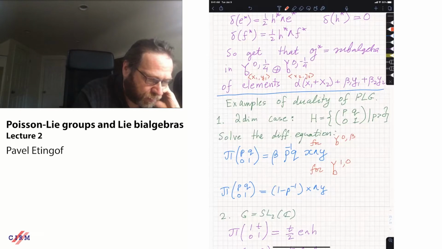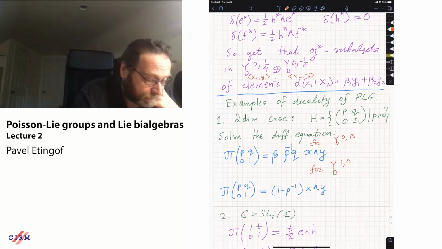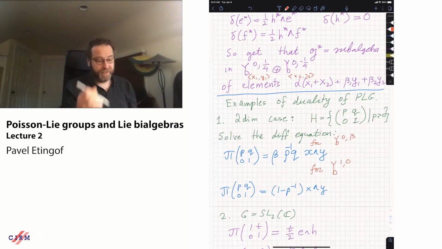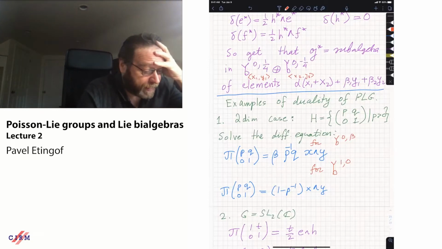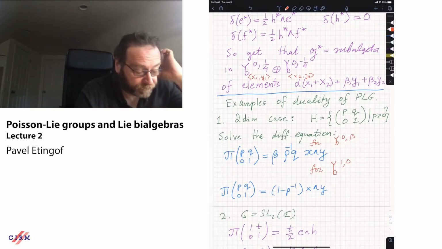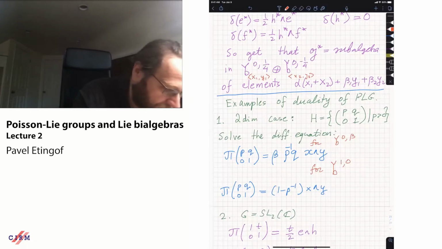And so let's say we take the Lie algebra and put on it the Lie bialgebra structure B0 beta. Then you can calculate by solving this differential equation or by using this homomorphism property that pi of P, Q, 0, 1 is beta times P inverse Q x wedge y. And for the algebra B10, it's given by this formula, 1 minus P inverse x wedge y.